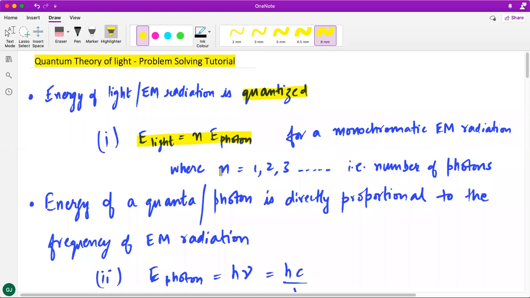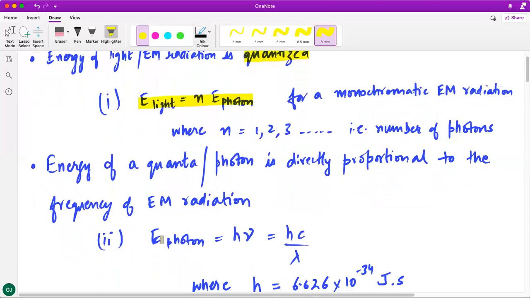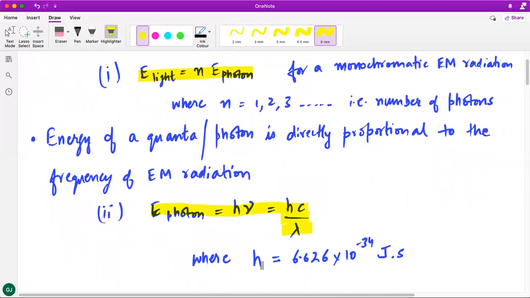Then another concept that emerged from Planck's theory was that energy of a photon is directly proportional to its frequency, right? So energy of a photon is directly proportional to its frequency or inversely proportional to its wavelength. And that proportionality is converted into a mathematical equation using Planck's constant, which I had asked you to remember the value of in SI units.